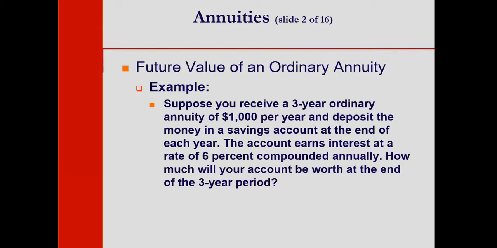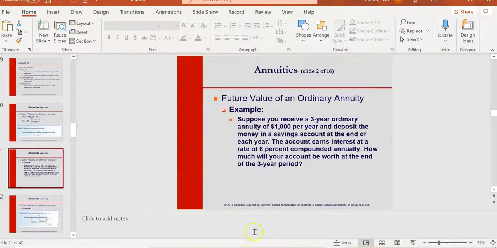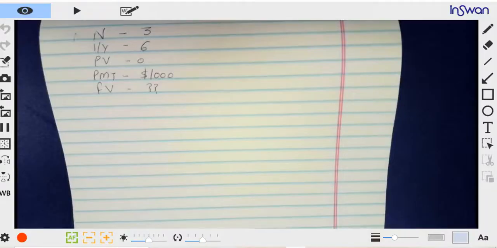We do not have anything at present, so the present value would be 0. We have equal payments of $1,000 at the end of each year. PMT in our financial calculator stands for payment, so these $1,000 would go towards PMT. FV stands for future value. That's what we are interested in calculating.